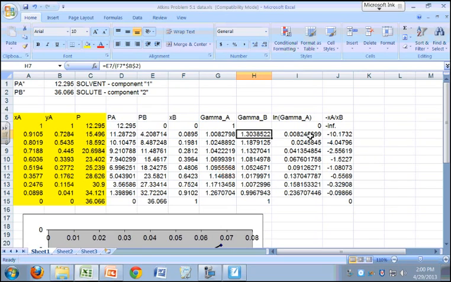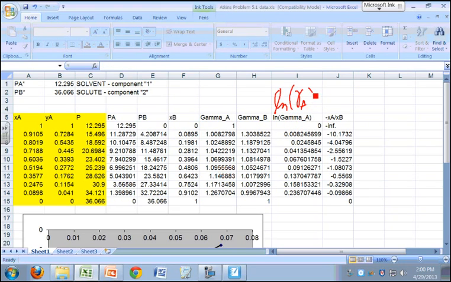So what we're going to do is calculate ln of gamma sub A. So this one right here is the natural log of gamma sub A. And this one over here is negative XA over XB. Right, so let's take a look at those formulas.